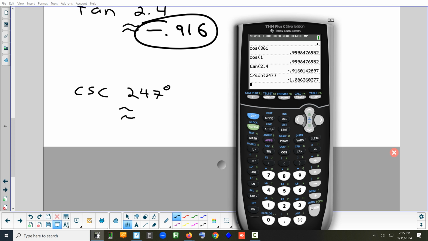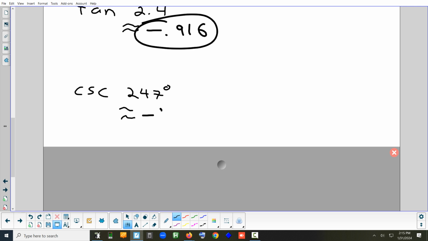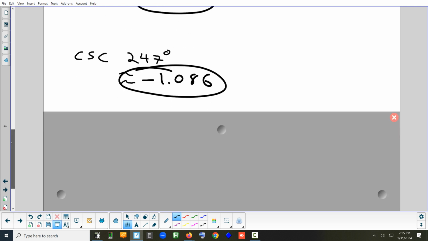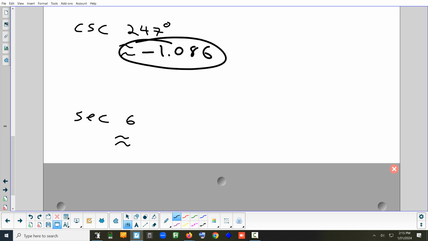If you don't want to, you could find the sine of 247 first, and then tell the calculator to flip it by doing 1 divided by the last answer on the screen. I usually just do it all in one step. So negative 1.086. Because when you flip the sine, you get the cosecant.